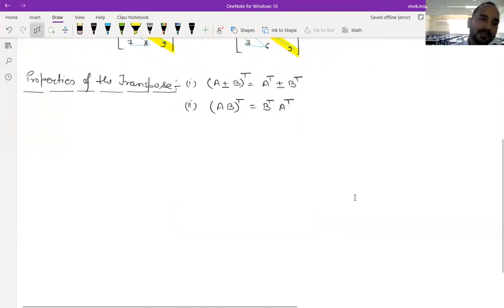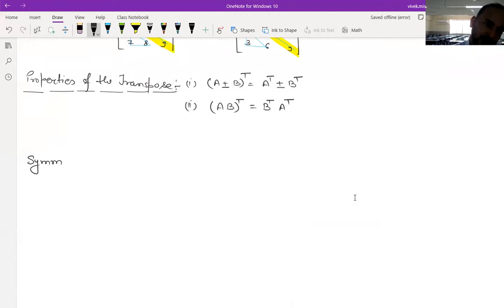Now, with this concept of transpose, there is a specific definition of symmetric matrix.